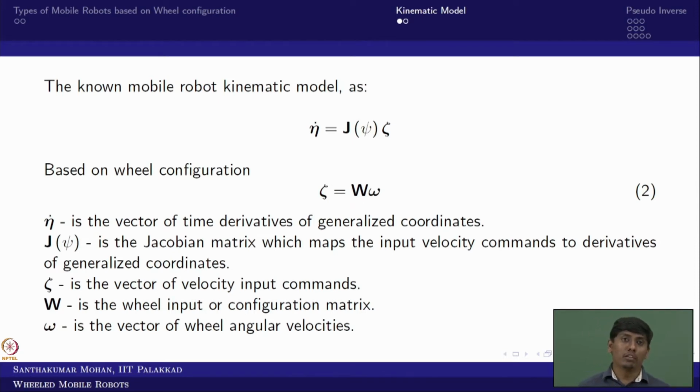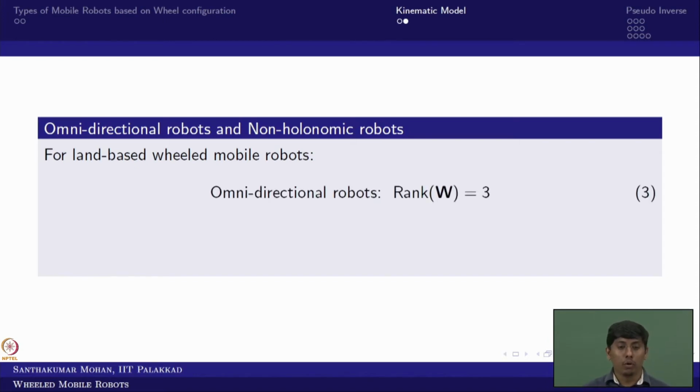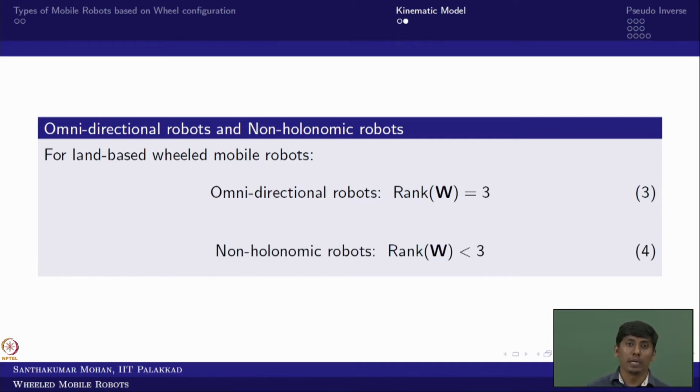So if W has a rank of 3, then you can call it a holonomic robot. If the rank is less than 3, at least 1 or more motions are not possible. So I am classifying omnidirectional and non-holonomic based on the nature of W. An omnidirectional robot is one where the rank of W is 3; if the rank is less than 3, then I call it non-holonomic. So now you have a very clear picture, right.